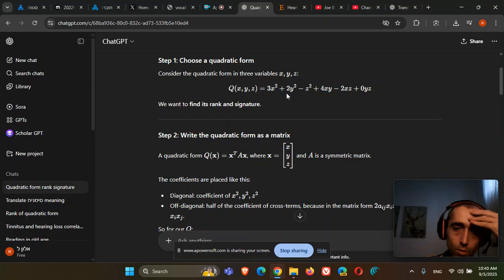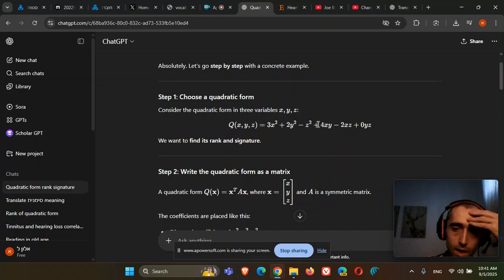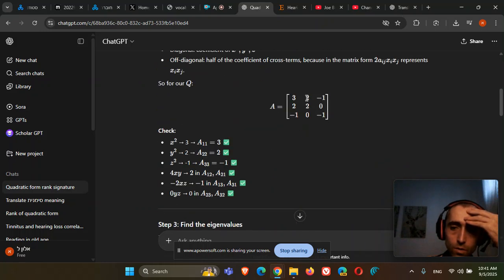So for example, for this quadratic form, on the diagonal we have 3, 2, and minus 1. You can see it right over here: 3, 2, minus 1. And for xy, sometimes they tell you x1, x2, you have 4, so you split it, so it's 2 here and 2 here. Think about x as the first row and y as the second row. So 2 plus 2 should be xy, so it's 4.